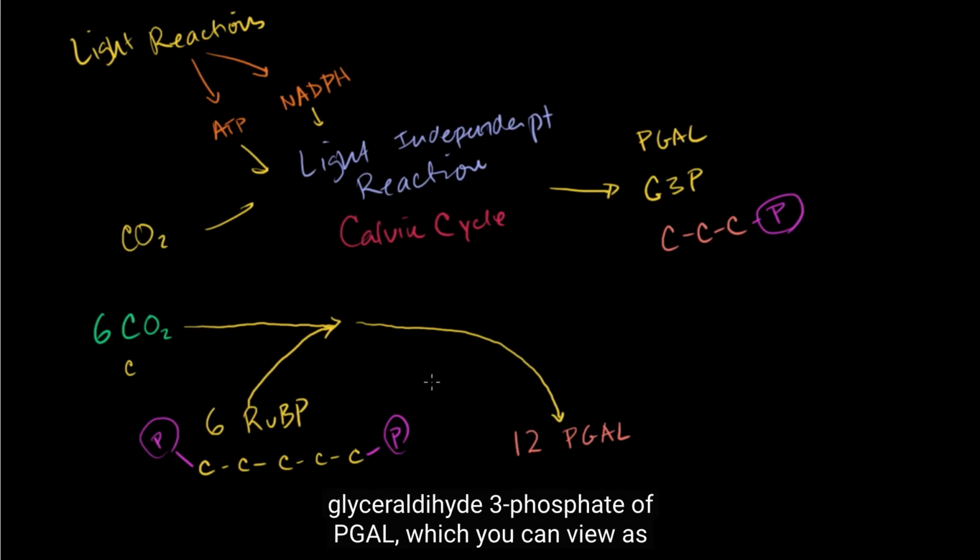NADPHs, I should say. It's very similar to NADH, but I don't want to get you confused with what goes on in respiration. And then these leave as 12 ADPs, plus 12 phosphate groups, plus 12 NADP pluses.